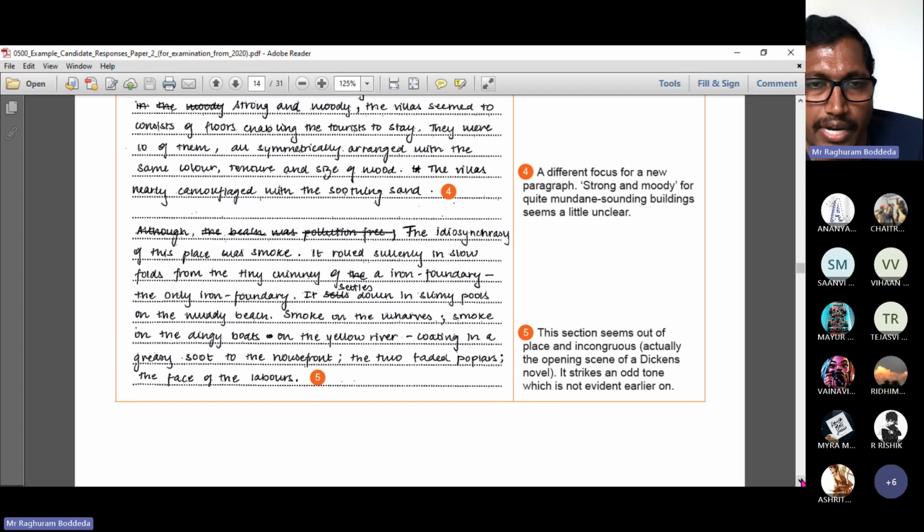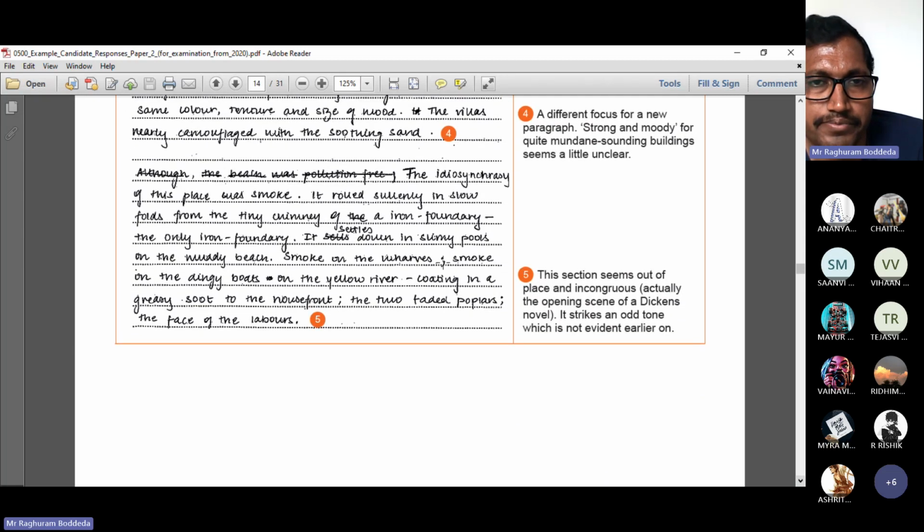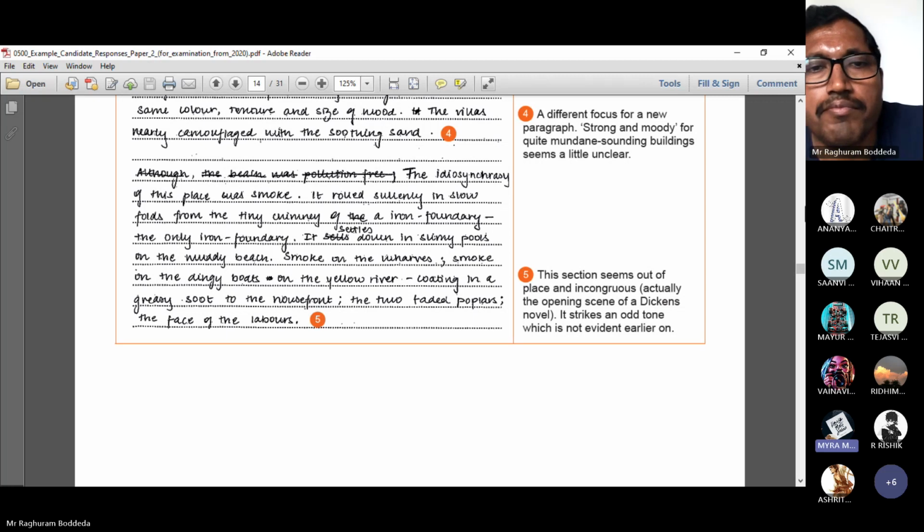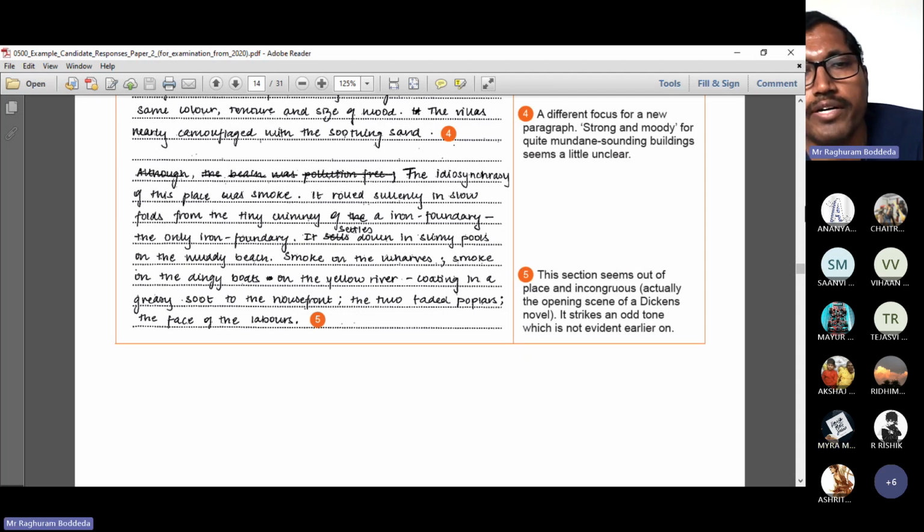Yes, sir. So can you see this para? Yes, sir. The fifth one. Yeah, please read. The idiosyncrasy of this place was smoke. It rolled sullenly in slow folds from the tiny chimney of an iron foundry, the only iron foundry.